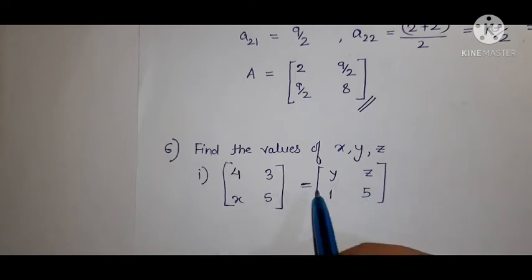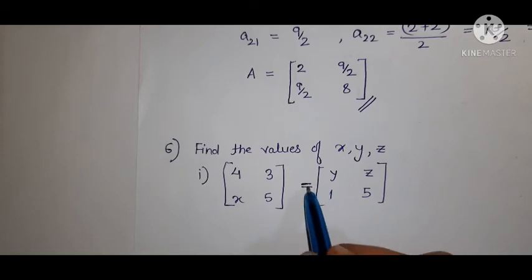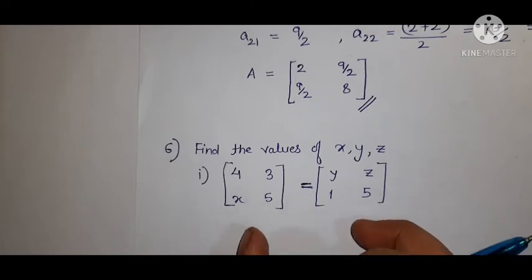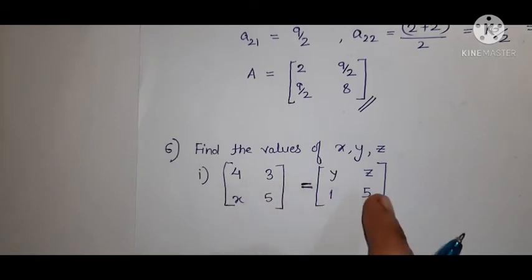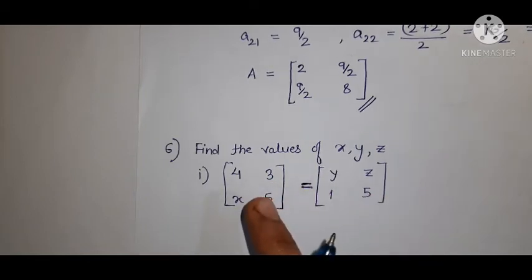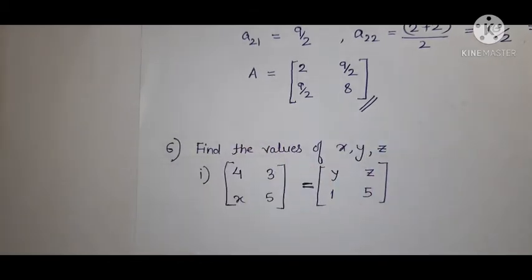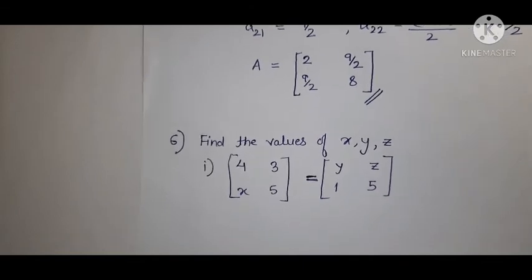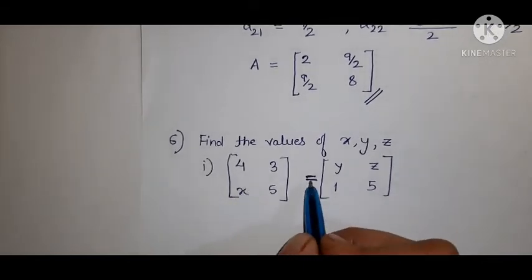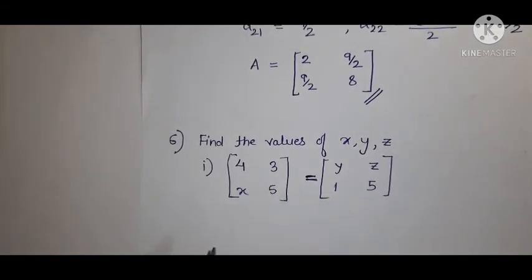So here, what is given? An equal sign is there between the two matrices. Equal means both matrices are equal. So you can equate the corresponding elements. We have studied equality of matrices: two matrices are equal when their corresponding elements are equal. Already we are given that the two matrices are equal, so we just equate the corresponding elements.